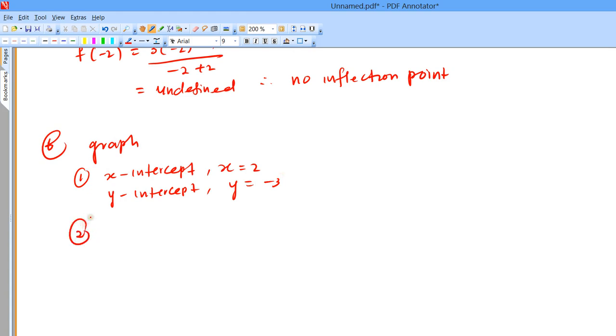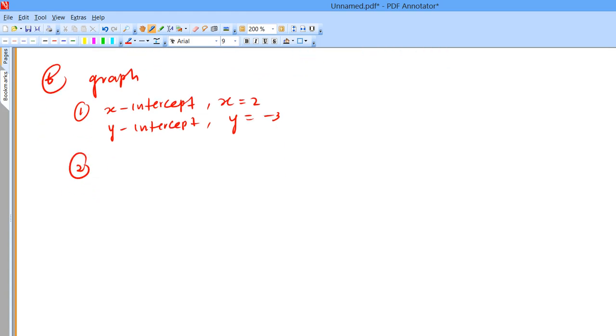And then the information about asymptotes. Vertical asymptote x equal to negative 2, horizontal asymptote y equal to 3.